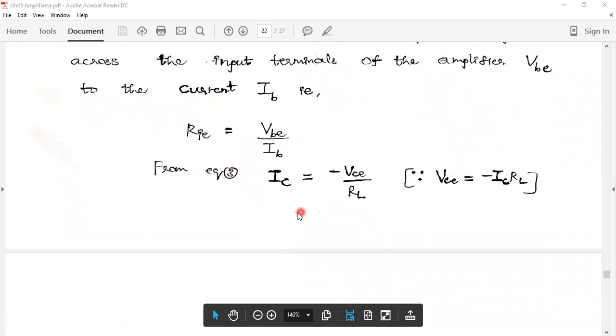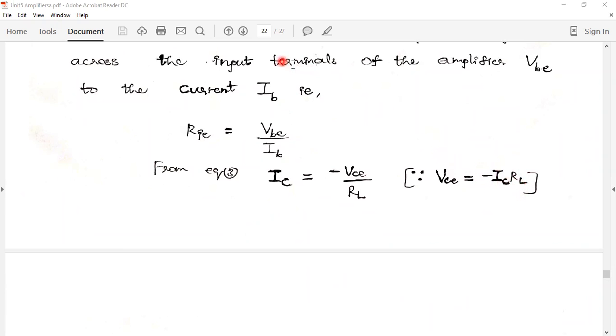From equation 3, VCE is equal to minus IC RL. From this I make use of the IC term: IC is equal to minus VCE by RL. I am keeping this aside.